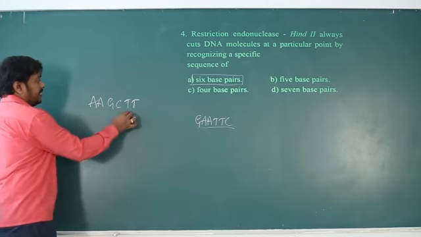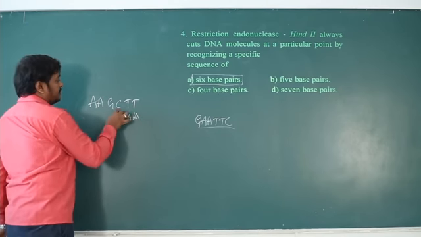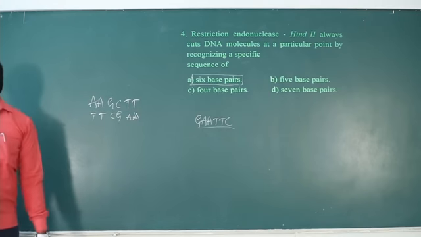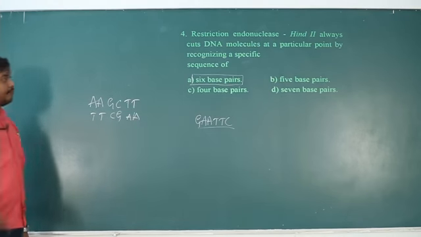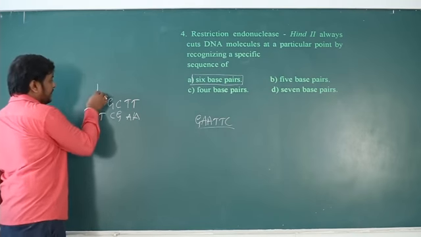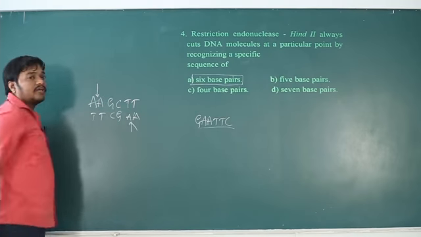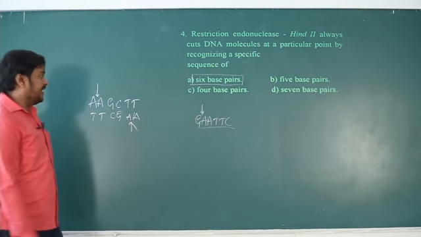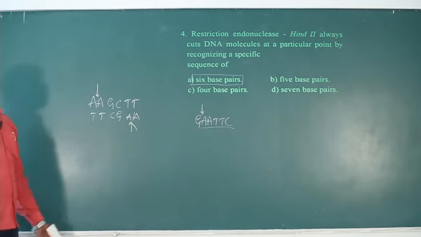Okay. So AAGCTT. Okay. So this is how the recognition sequence looks. So it can make a cut between A and A in both directions. Okay. Whereas in case of EcoR1 it makes a cut between G and A, whereas HIND2 cuts between A and A. Okay.